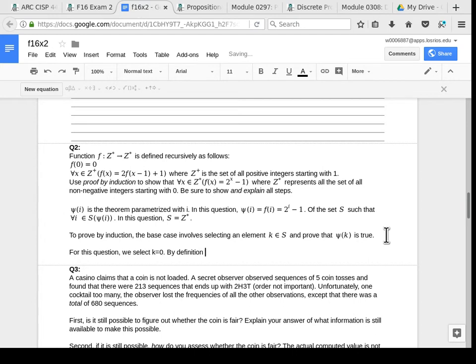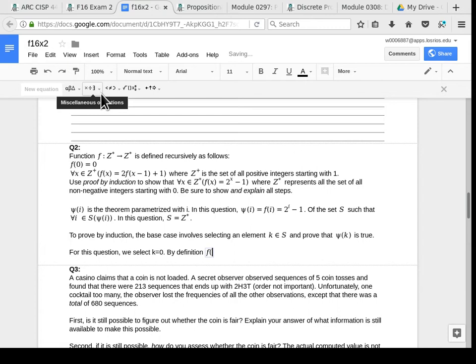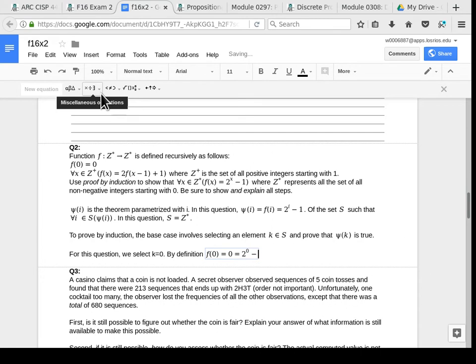Let me use the equation again. f(0) equals 0 by definition, but that also equals 2 to the power of 0, which is 1, minus 1, and as a result here, we have proven the theorem, but only when k equals 0. So this is the base case.